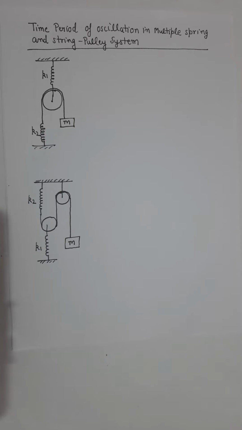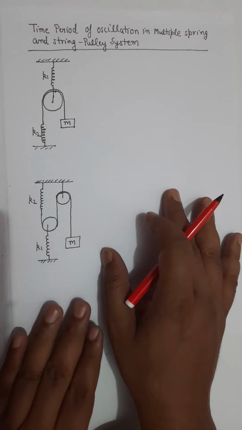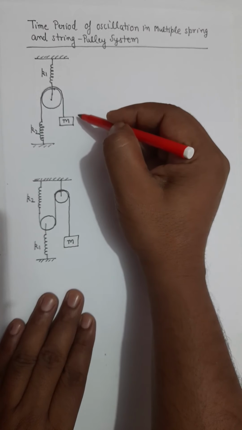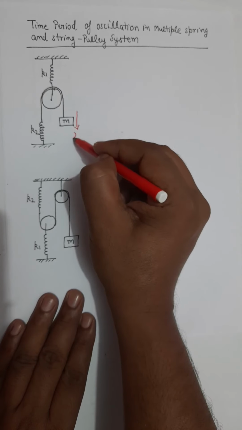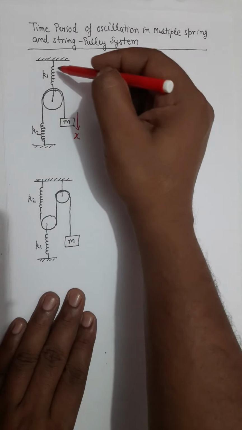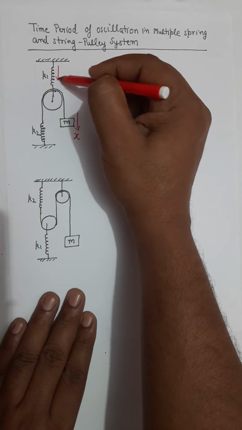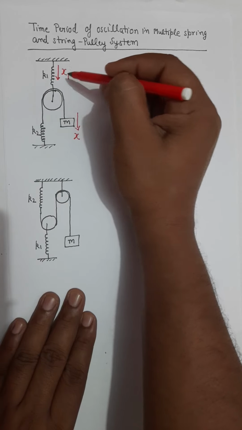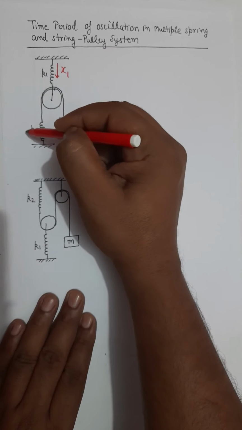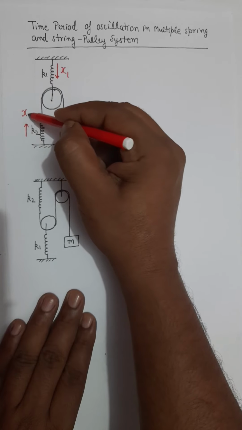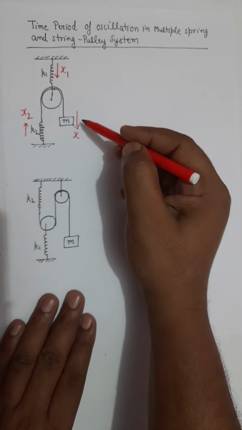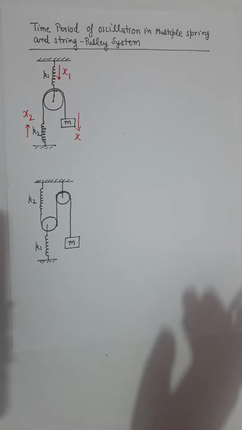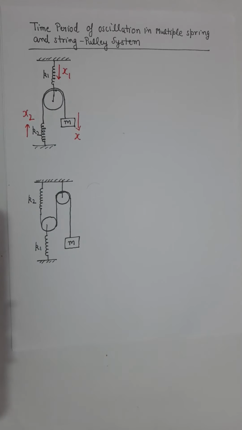So I will start by making the constraint equation first. Let's say if this mass m goes down by a distance of small x, spring 1 elongates by x1 and spring 2 elongates by x2.